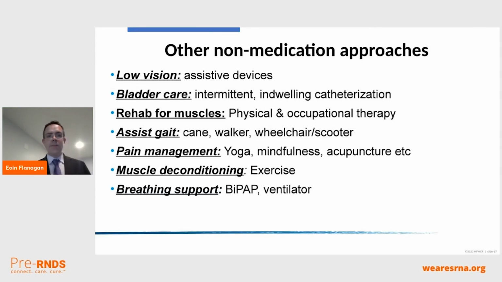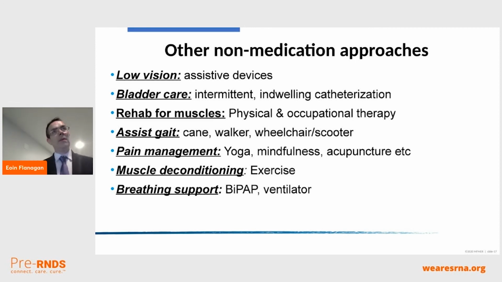Other non-medication approaches, sometimes in patients who have low vision, we have assistive devices, and there are low vision clinics that can help you with different instruments, including iPad-related things also, or device-related help. Bladder care, some patients will require intermittent or regular prolonged catheterization, so that there can be help with that from our urology colleagues.